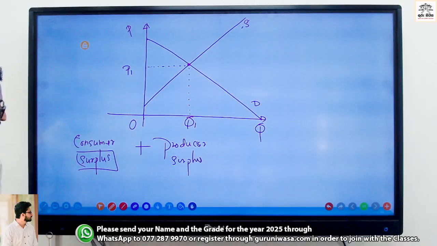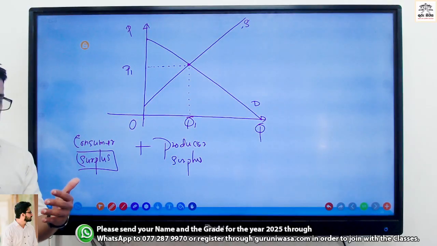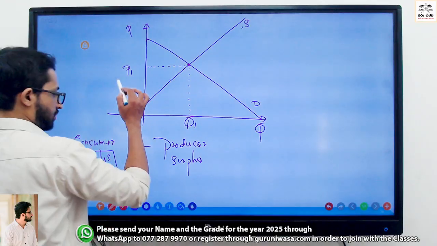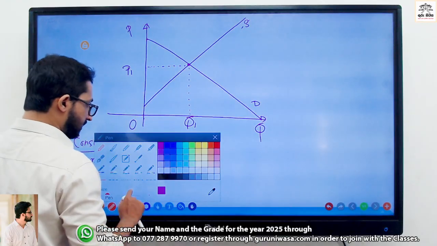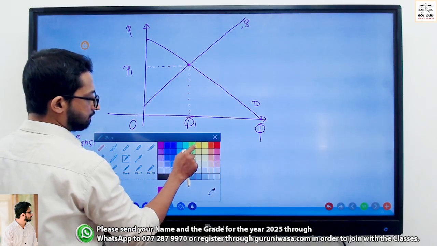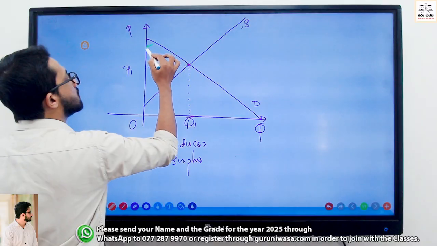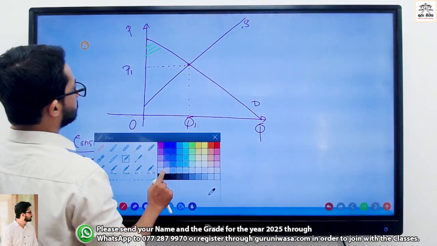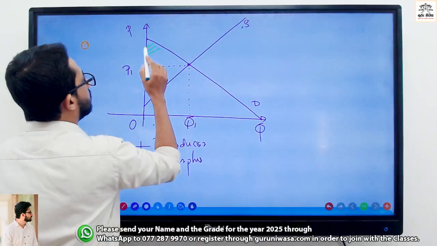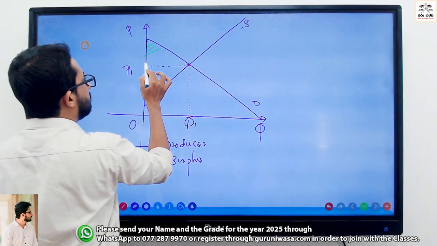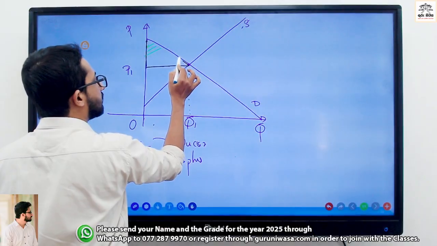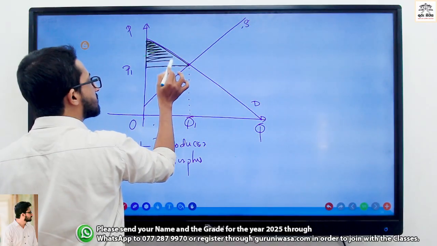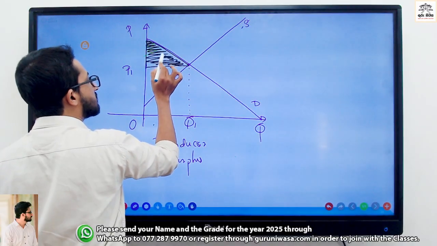The consumer gets an advantage or benefit from the market equilibrium. That advantage is shown by this triangle, which is above the equilibrium price and below the demand curve. This triangle shows the consumer surplus.